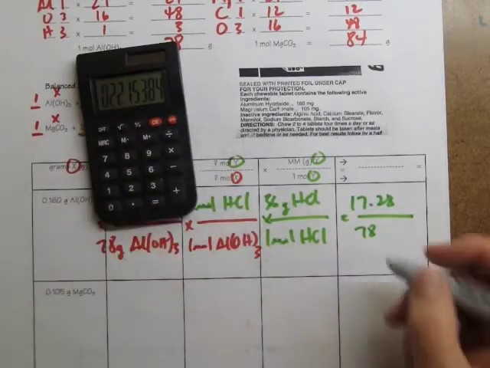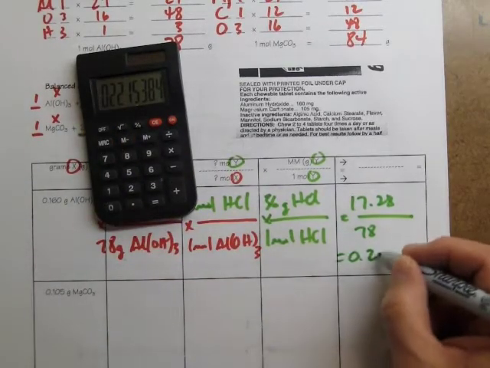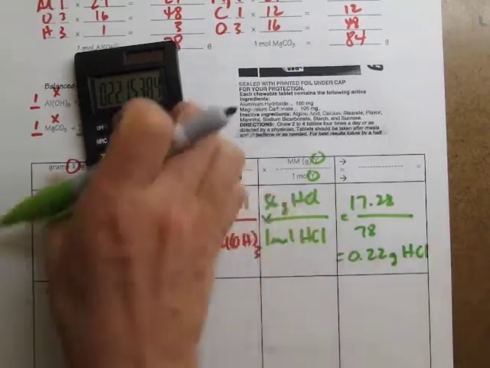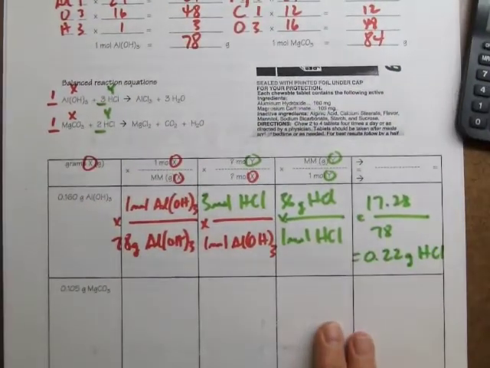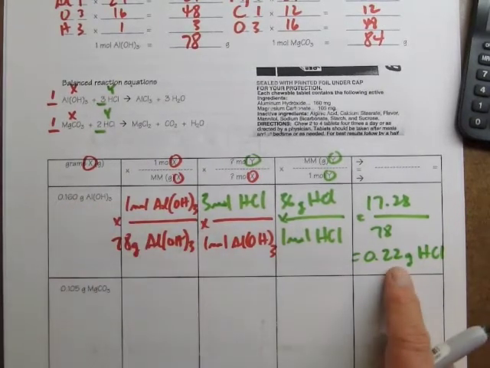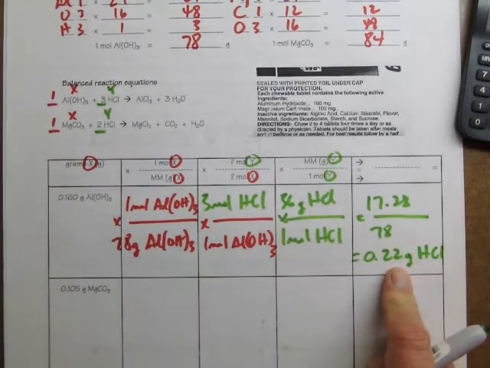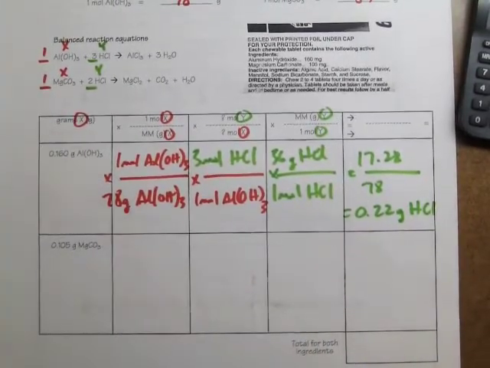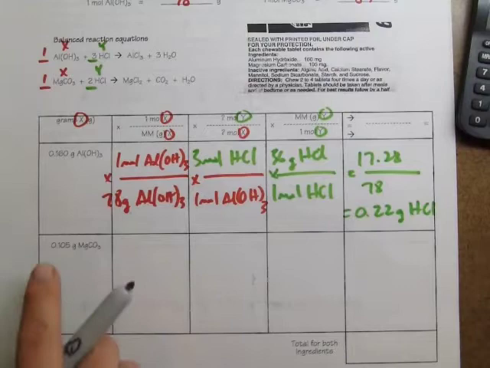And let's call that 0.22 grams of hydrochloric acid. So one of the ingredients that's in the Gaviscon, the aluminum hydroxide, will use up this much of the acid that's in your stomach. We'll do the same calculation now for the magnesium carbonate. There's a different amount of that one, 0.105 grams.